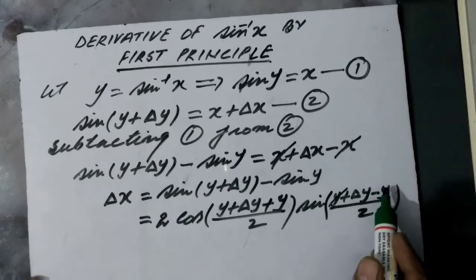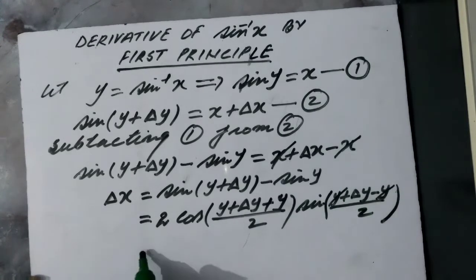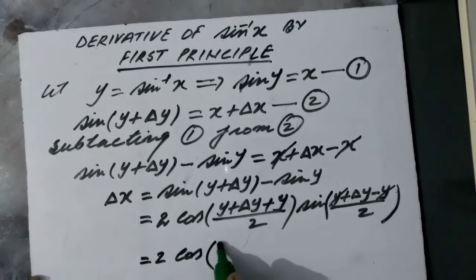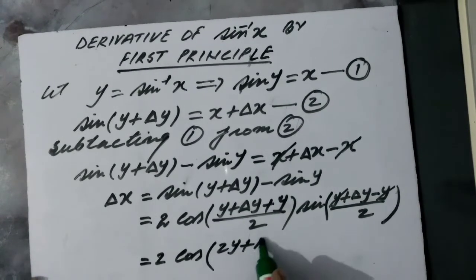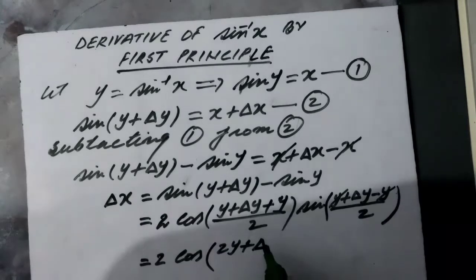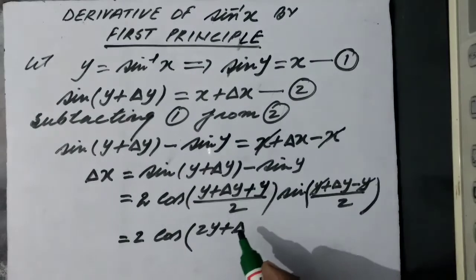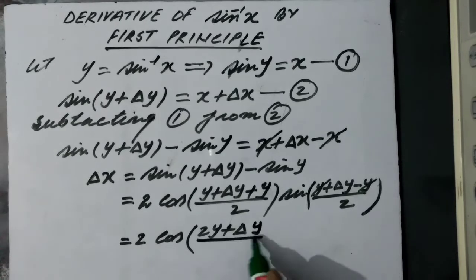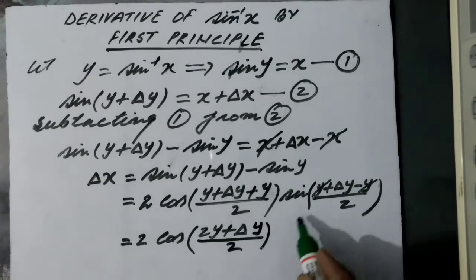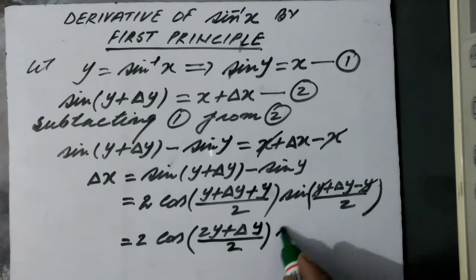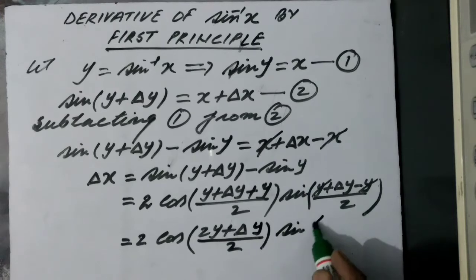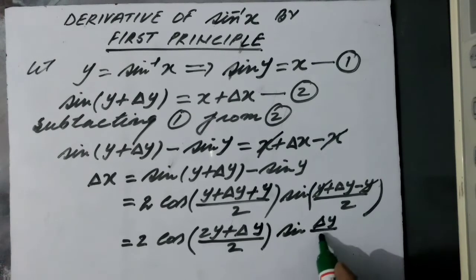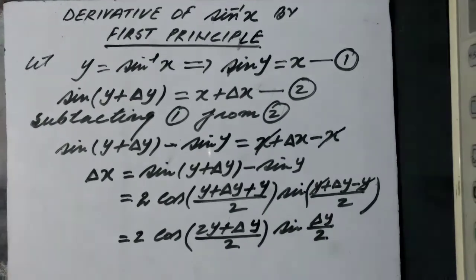In this, positive y, negative y cancelled out, and we have 2 cos of 2y plus delta y upon 2 sine delta y upon 2.